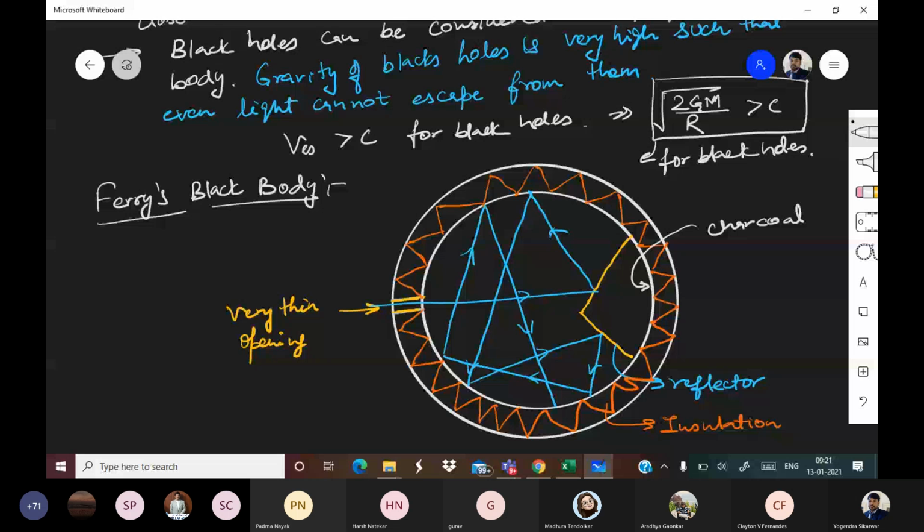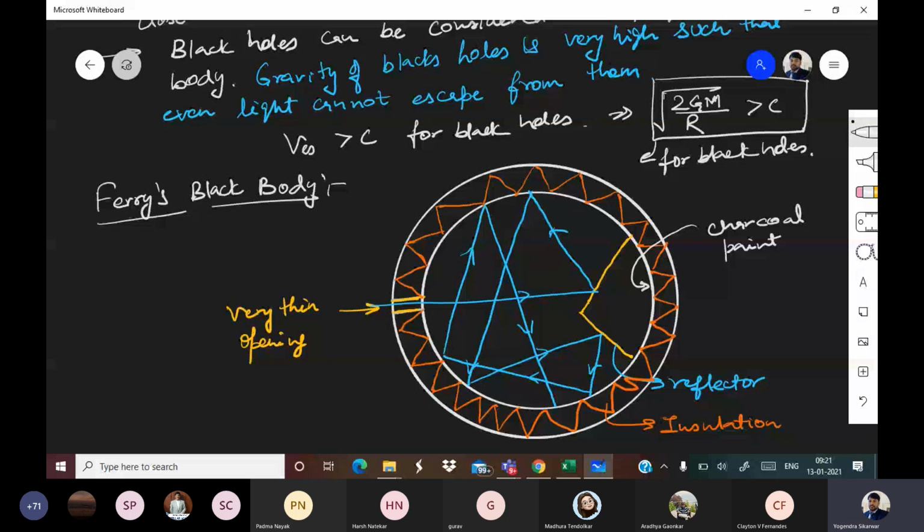Okay. So now try to understand what is happening in this whole process. Due to this very small opening, a very little amount of heat is able to enter. The purpose is that any amount of heat which has entered into the sphere, which is actually Faraday's black body, should not be able to come out.